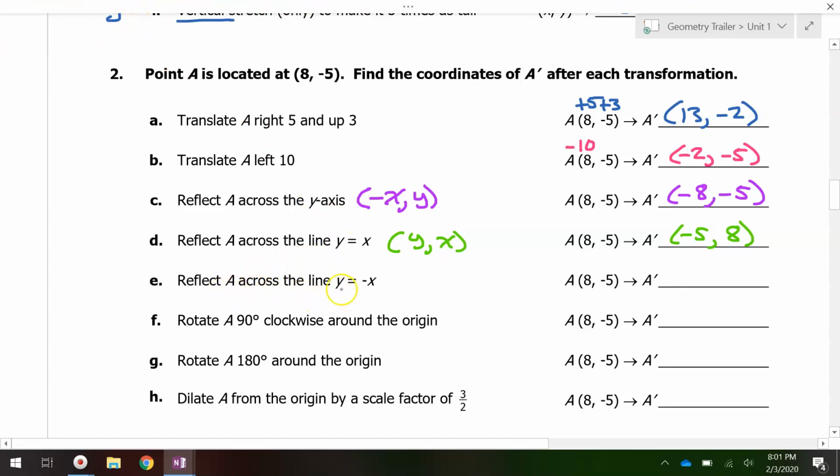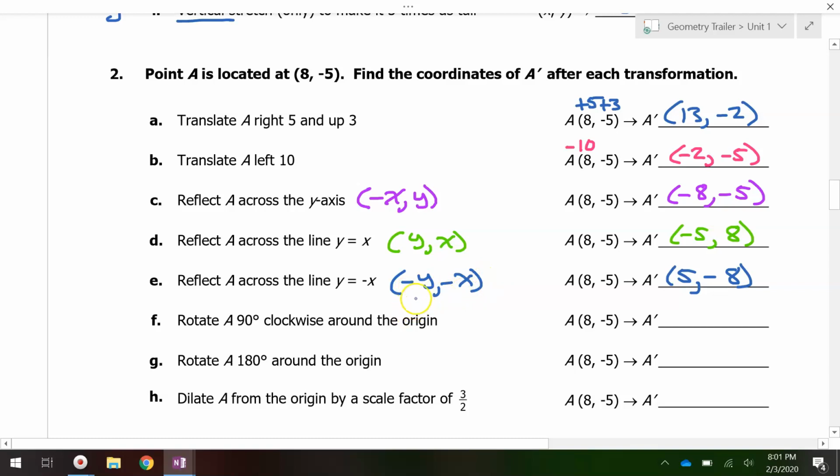Reflect across the line y equals negative x. So the rule for that is the opposite of y, the opposite of x. The opposite of y is positive 5, and the opposite of x is negative 8. By the way, notice I don't say negative y or negative x. I say the opposite of y and the opposite of x.